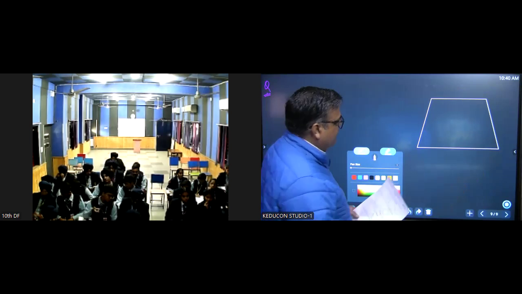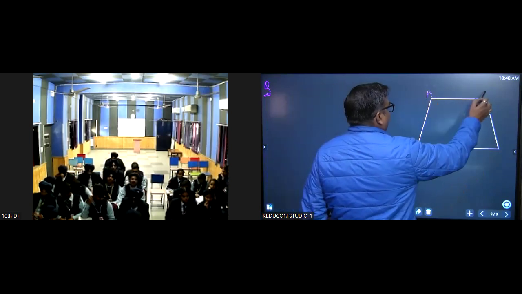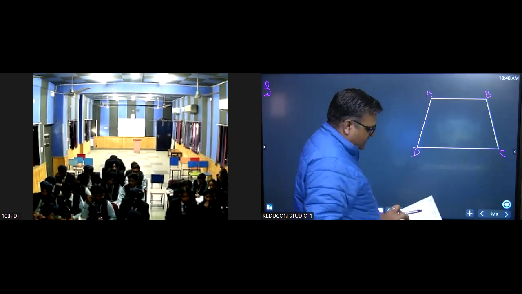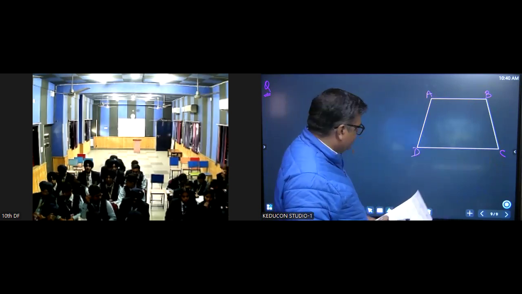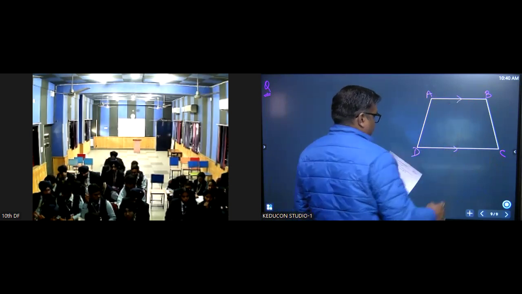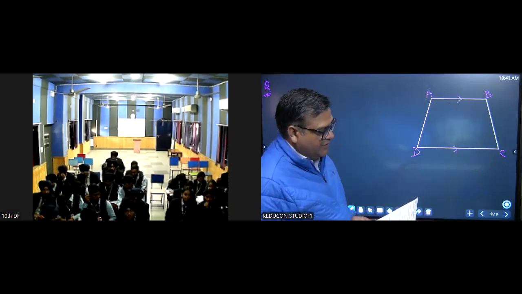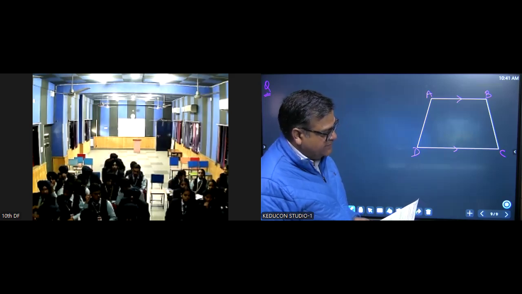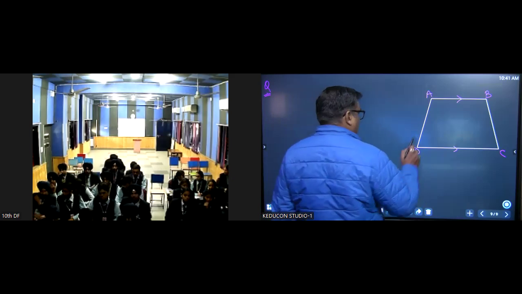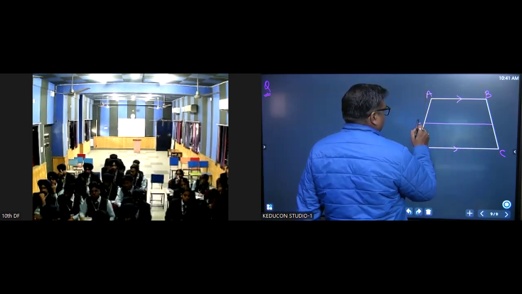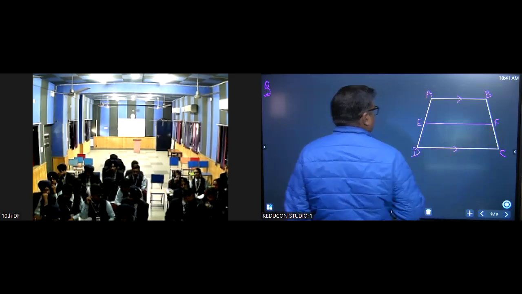We have been given a trapezium ABCD such that AB is parallel to DC. E and F are points on the non-parallel sides AD and BC respectively. Right?